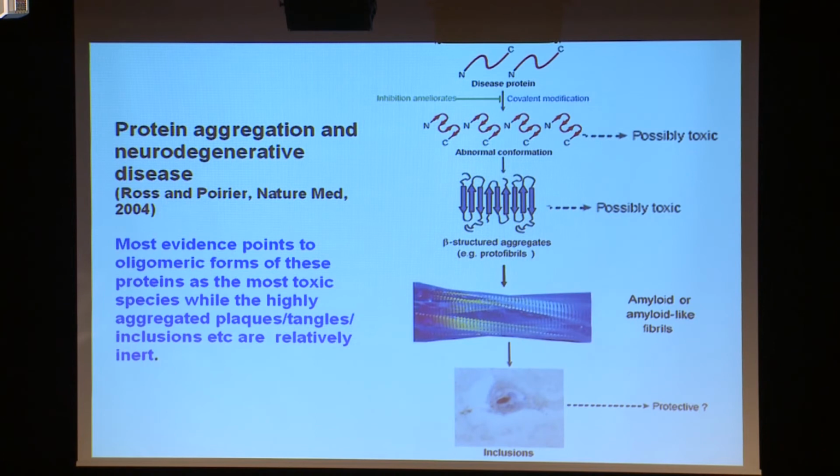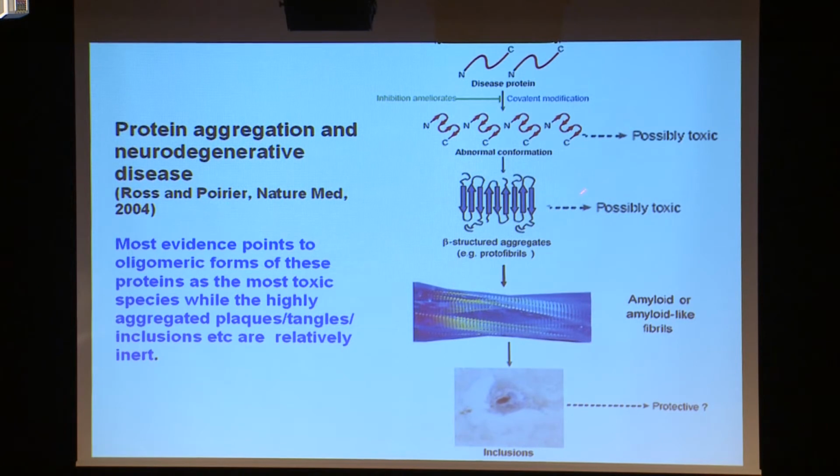So, protein aggregation is very important in neurodegenerative diseases, and most evidence points to the fact that the most toxic species of these proteins are not the highly aggregated plaques or tangles that we can visibly see in the brain, nor the amyloid very high molecular weight forms which are relatively inert.